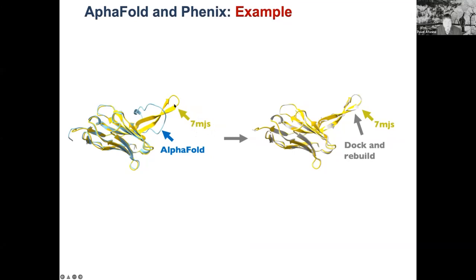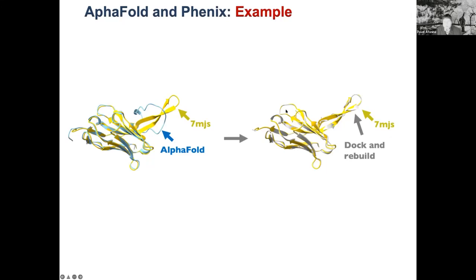The yellow is the deposited structure from the PDB, and the blue one is what you get straight out of AlphaFold. As you can see, it's a good structure. It predicts most of it, and it does an excellent job doing so. Although, as I mentioned, there will always be bits where it didn't do all that well, and typically these are some loops and some flexible parts. And this is where automated rebuilding comes in handy.